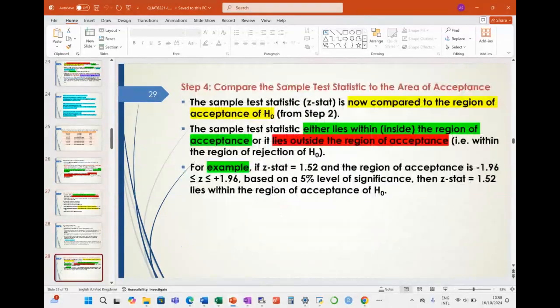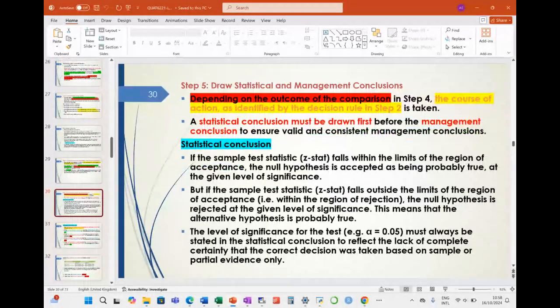Then step number 4, we compare the sample statistic to the area of acceptance or the region of rejection. We use both terms, but we're referring to the same thing. Then number 5, as we saw on that initial slide, this is where we draw a conclusion based off of our comparison in step number 4.